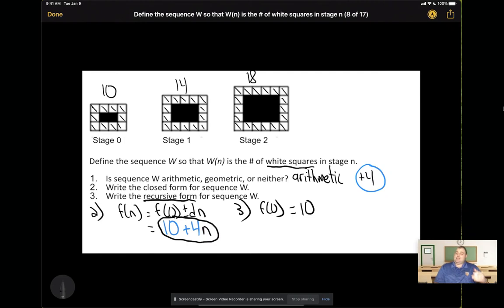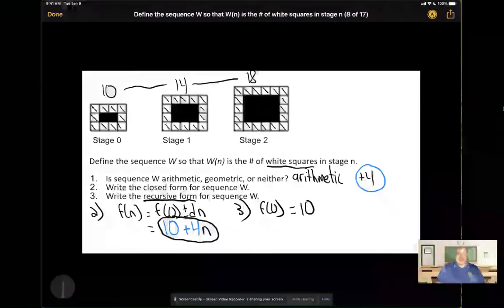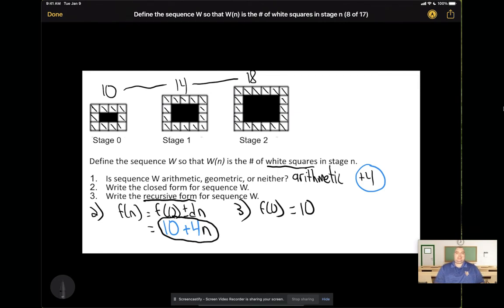And then the second part of the recursive is how we're going to get a new term based on the previous term. Well, we've already said we're adding 4 each time. So to get a new term, we're going to take the previous term and we're going to add 4 to it. So I'm just going to write that using formal mathematical notation.